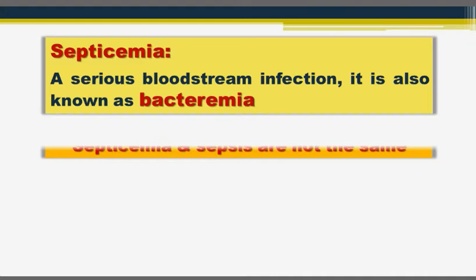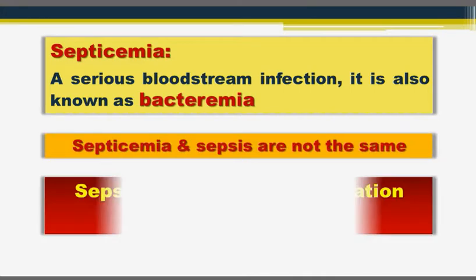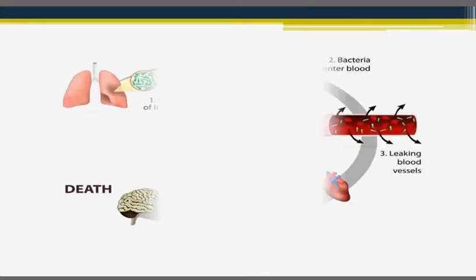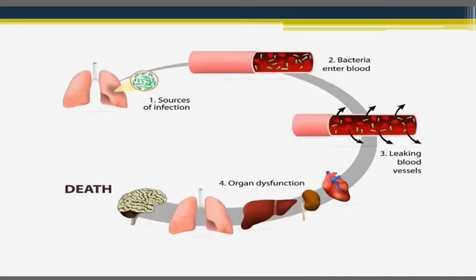Now, for example, if we take this picture, we can see here, firstly, the source of infection or the port of entry of a pathogen to the body, for example the respiratory system. If the pathogen goes inside the bloodstream or the circulation, this will lead to what's called septicemia or bacteremia, the presence of bacteria or its toxin inside the circulation.